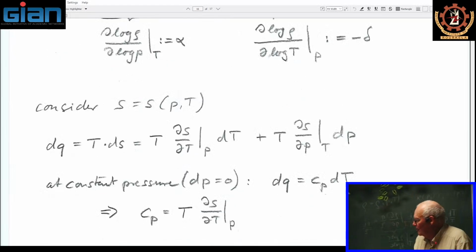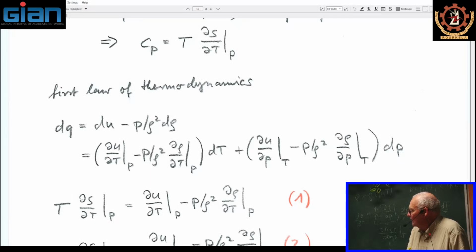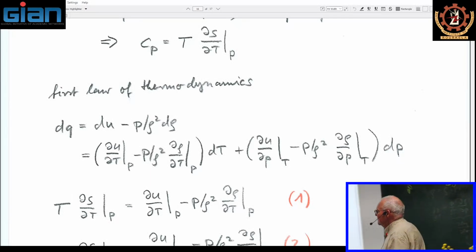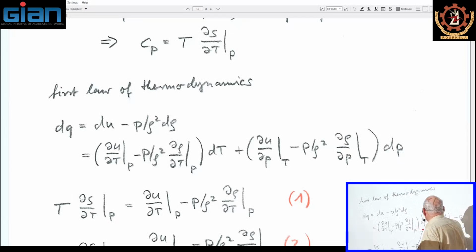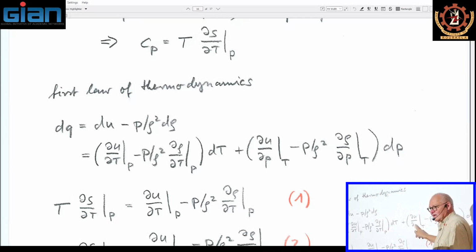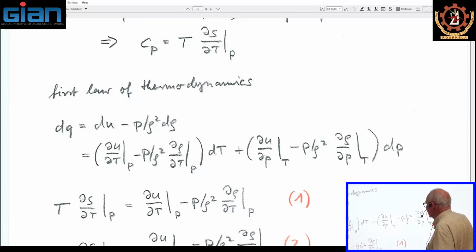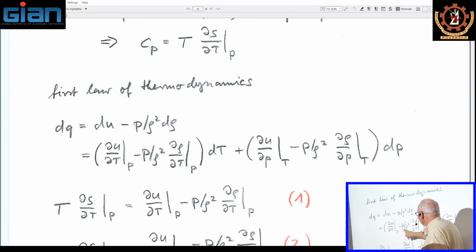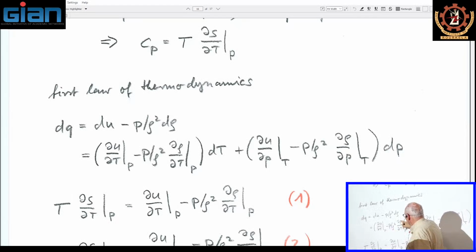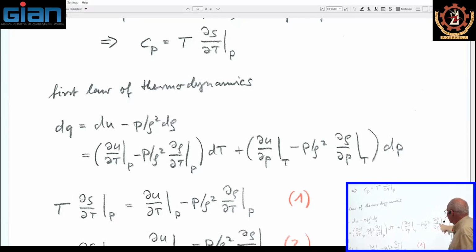Okay, what are we left with? So this is (du/dT) at constant pressure times dT plus (du/dp) at constant temperature times dp. Now the same for the d rho: minus p over rho squared (d rho/dT) at constant pressure dT minus p over rho squared (d rho/dp) at constant temperature dp.